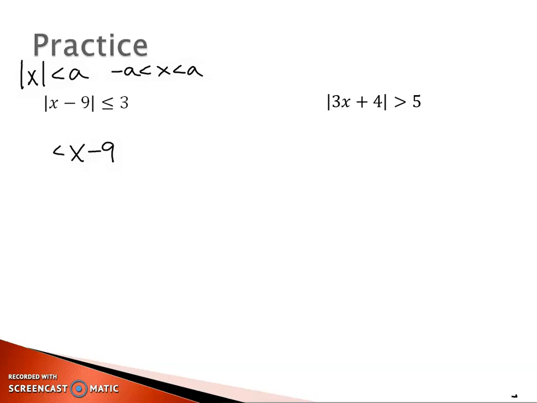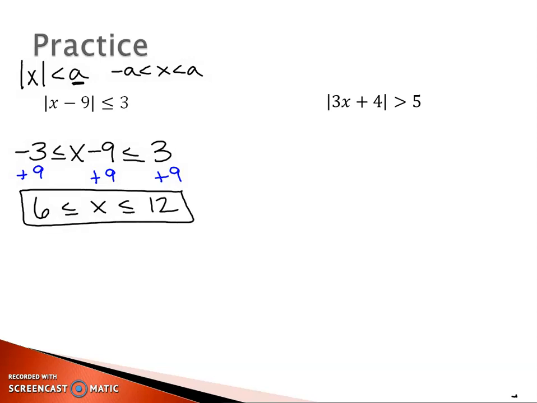I've got my two less than signs on each side, and they need to be less than or equal to because our problem is dealing with a less than or equal to. Okay, then my a value in this case is a 3, so I've got a positive 3 here and a negative 3 on this side. Whatever I do in the middle to get the x by itself, I have to do on both sides. So I end up with a 6 less than or equal to x less than or equal to 12.